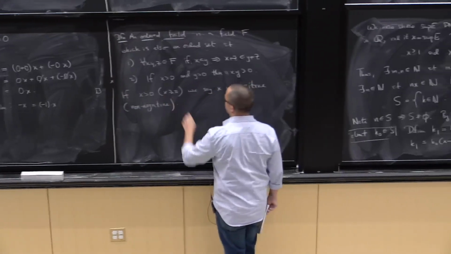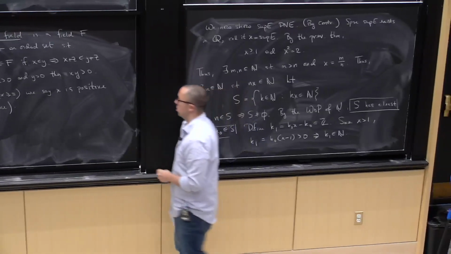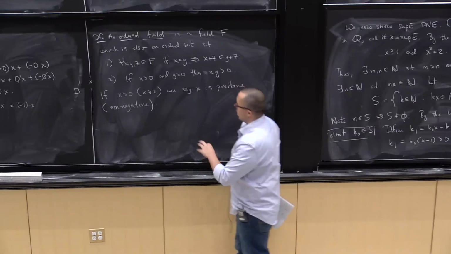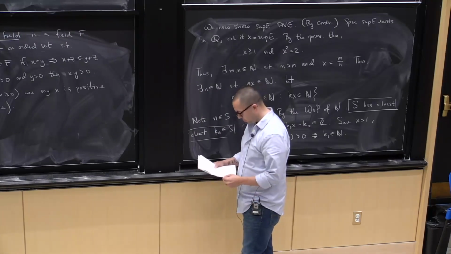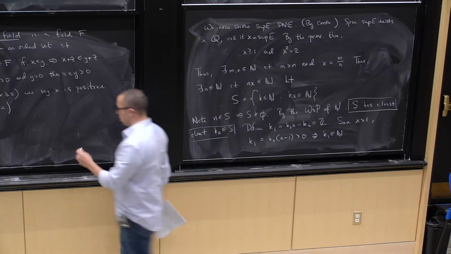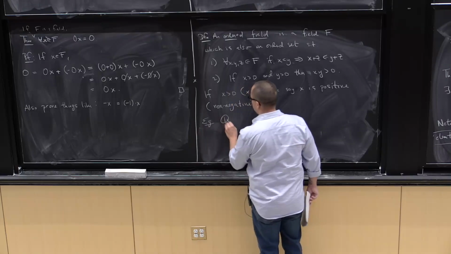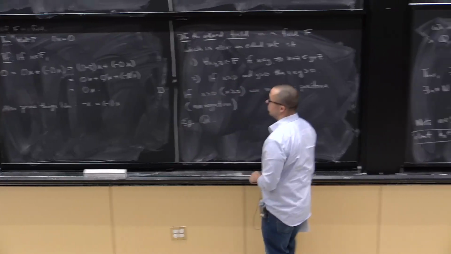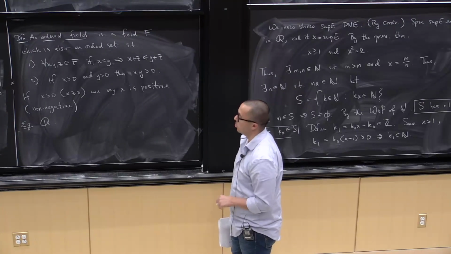So non-negative if x is bigger than or equal to 0, positive if x is bigger than 0. And then likewise with negative and non-positive. Okay? And so the most basic example, again, is Q. Q is an ordered field, all right, with the usual order and with the usual algebraic structure on Q.